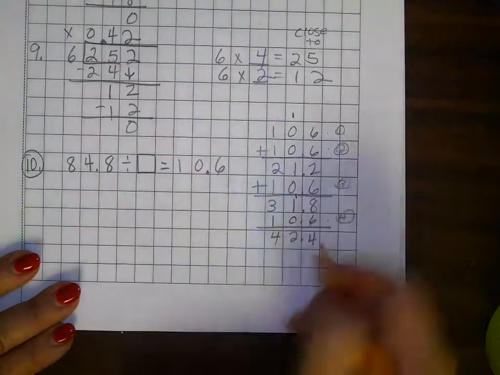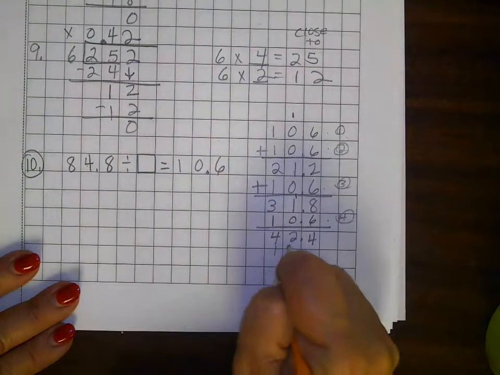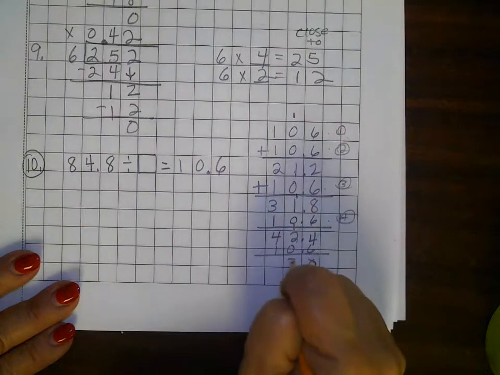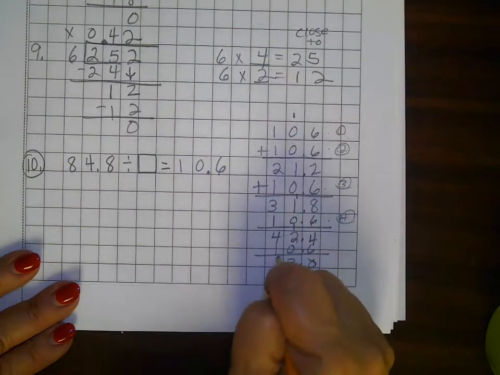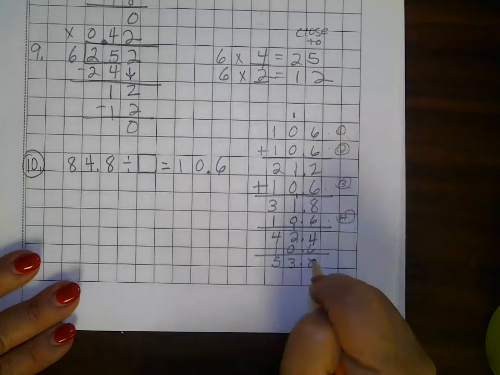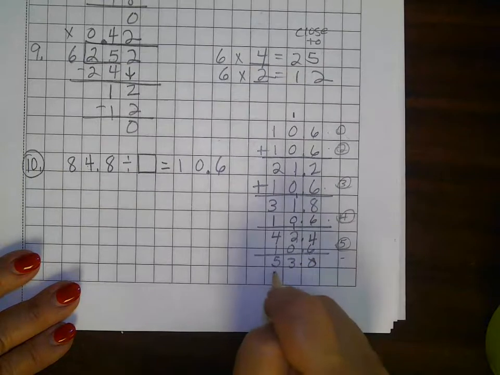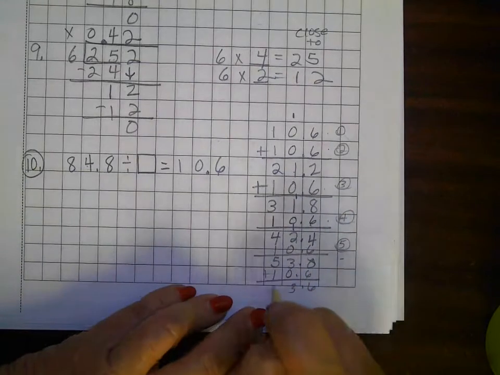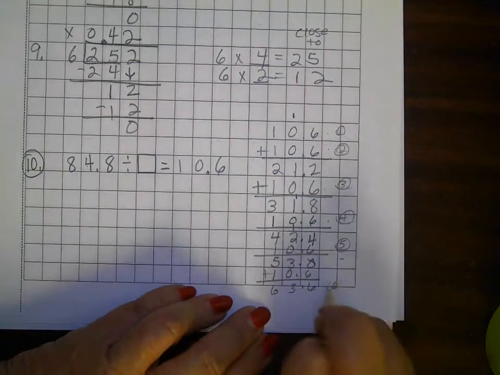This is just one way of doing it. 10 6/10. It's 10, 2, 3. It's 53. So this makes it 5 groups. 10 6/10. It makes it 6 groups.